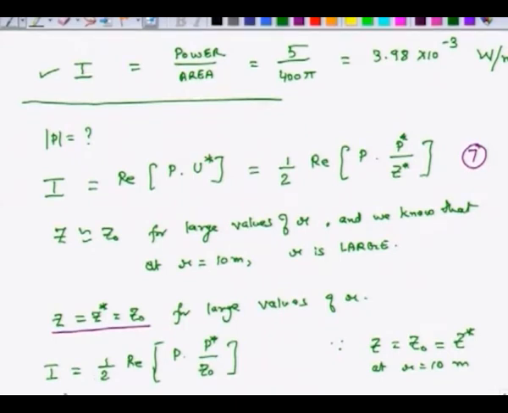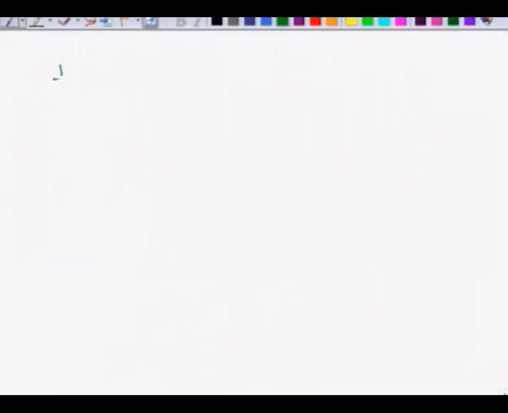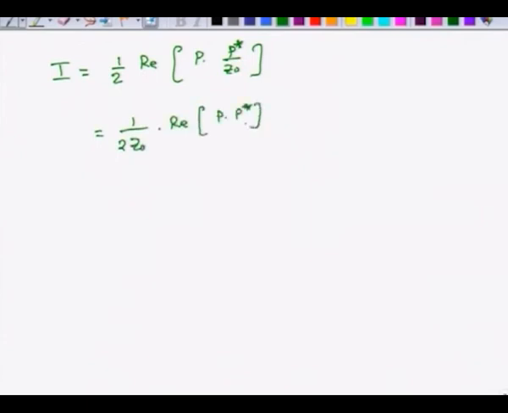So I will rewrite this relation on the next page. I equals half real of P times P star divided by Z naught, equals 1 over 2 Z naught times real of P times P star. Now, we know that any complex number multiplied by its complex conjugate gives only the square of the magnitude of that term.